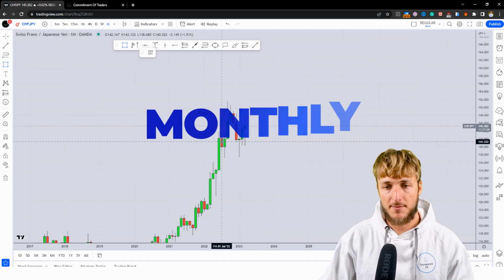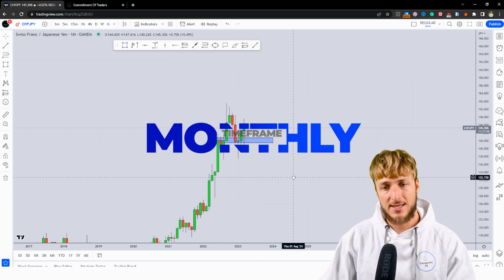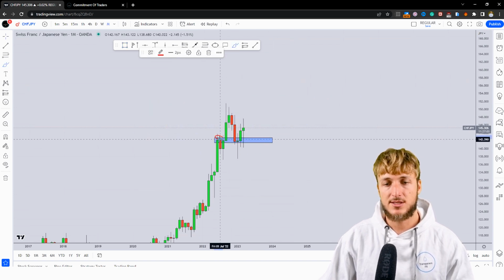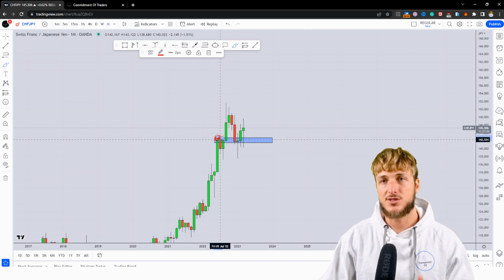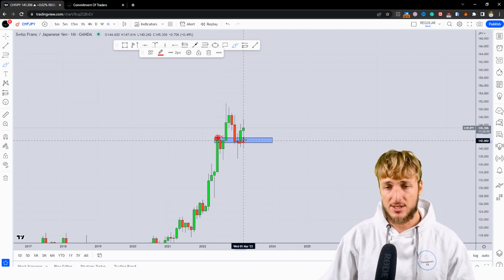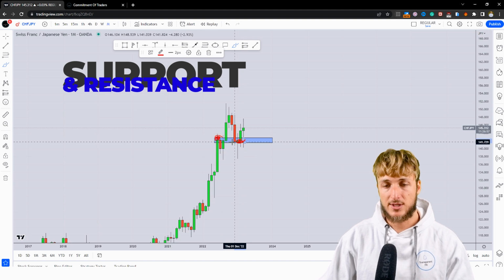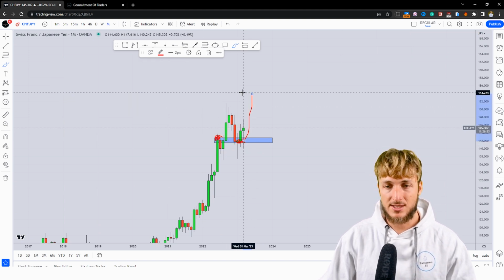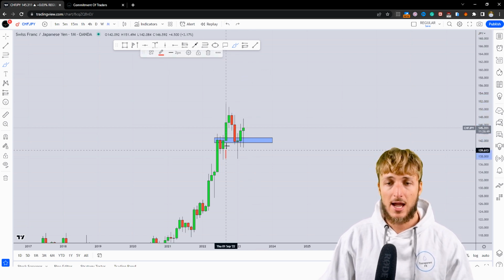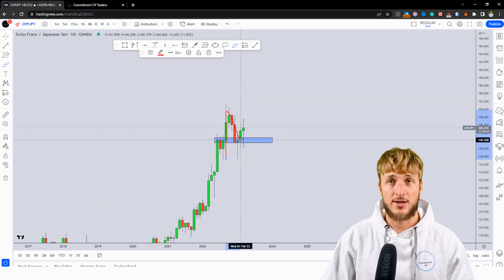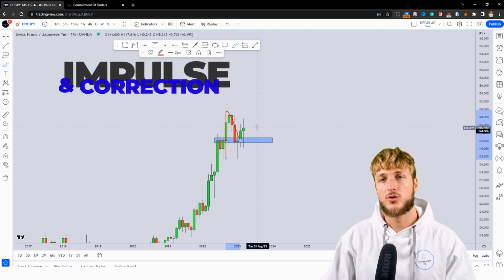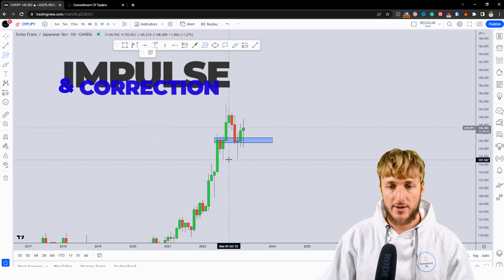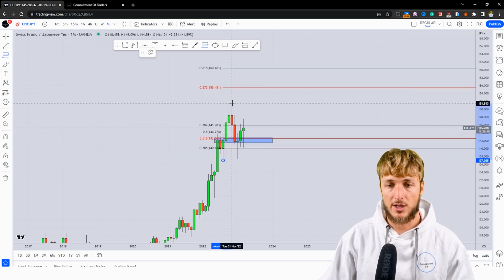Now, starting from the monthly time frame, what we can see is that at the moment we have a market which is testing a quite strong level of previous monthly resistance, which is now turned support here. Now, as we're testing previous resistance turned support, we could expect more bullish price action to be created away from this area. We can also notice how we do have an impulse and correction, and in general, after an impulse, if you want to measure the correction, you have to take your Fibonacci from the low to the high of the impulse.